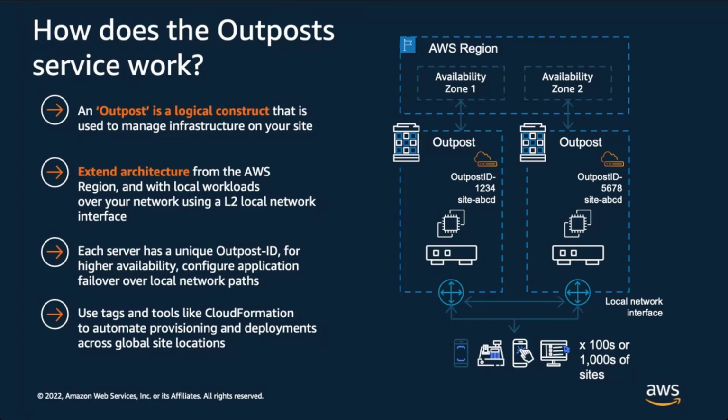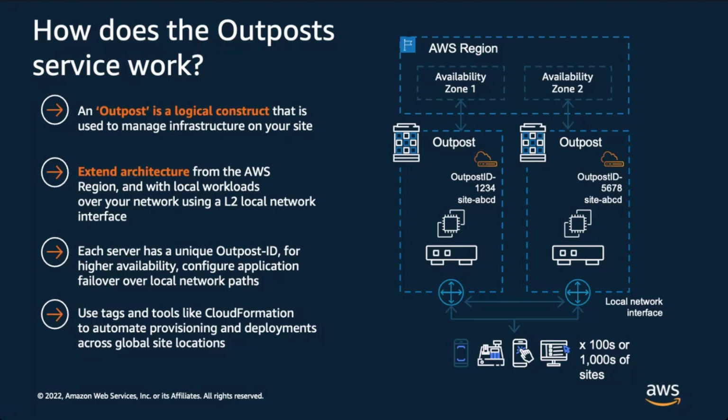So each server has an Outpost ID, and those are considered an outpost, and then we connect them back to the region. And that allows you to do a couple things. One, you can run things locally on the Outpost while still sending things like CloudTrail logs and CloudWatch metrics. That stuff all lives in the region, so we're going to send those things back to the region over that connection.